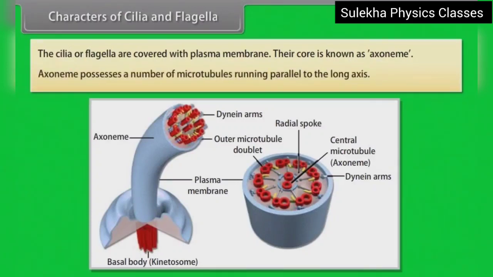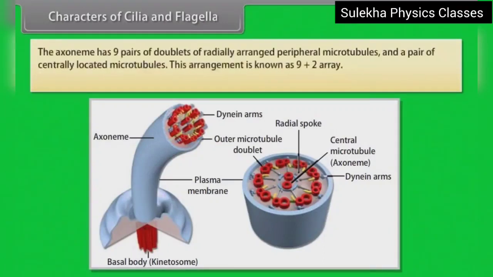The axoneme possesses a number of microtubules running parallel to the long axis. The axoneme has 9 pairs of doublets of radially arranged peripheral microtubules and a pair of centrally located microtubules. This arrangement is known as 9+2 array.